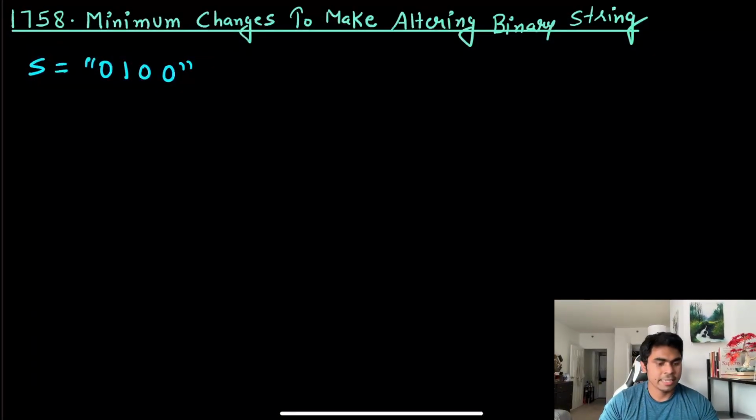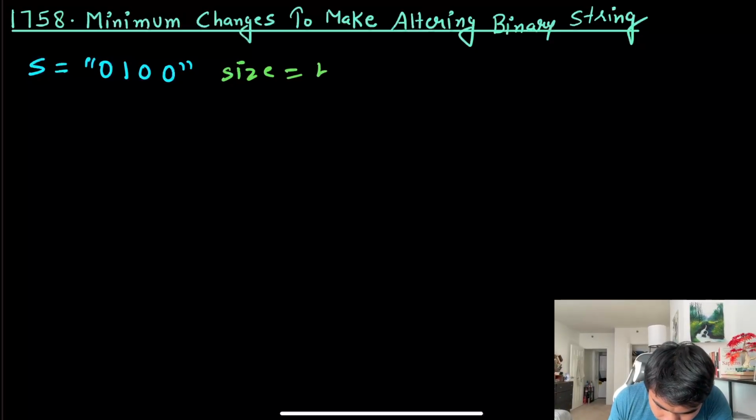So what they're saying is we are given this string. We need to tell how many operations we have to do to make this string alternating. So tell me, what will be in a string? The size of this string is 4.